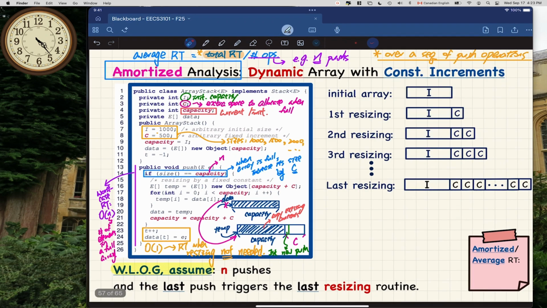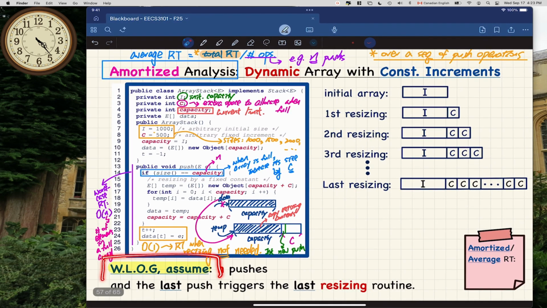And we are making some assumption, and just in case you're wondering about what this really stands for: without loss of generality.